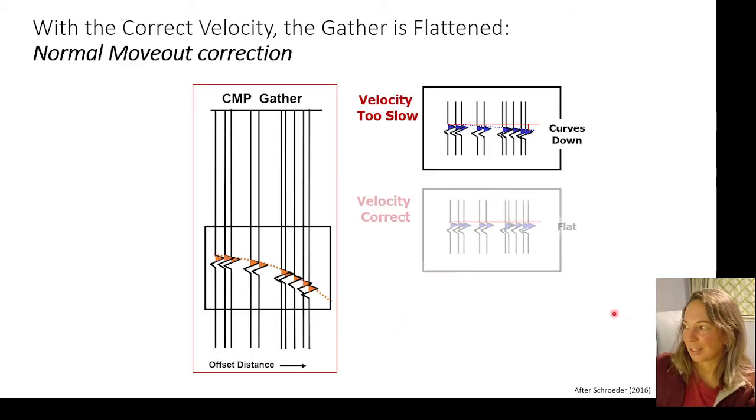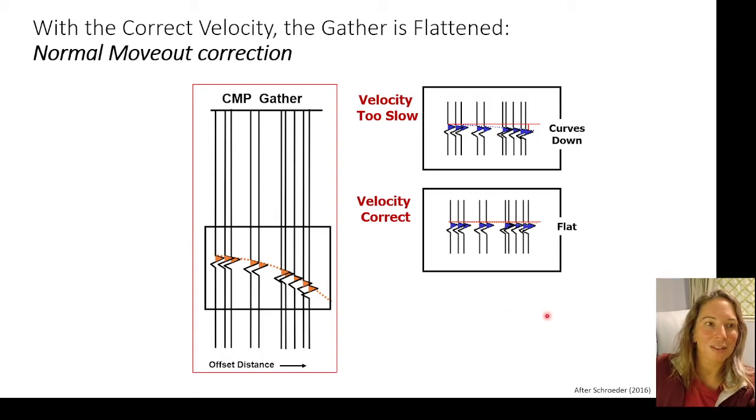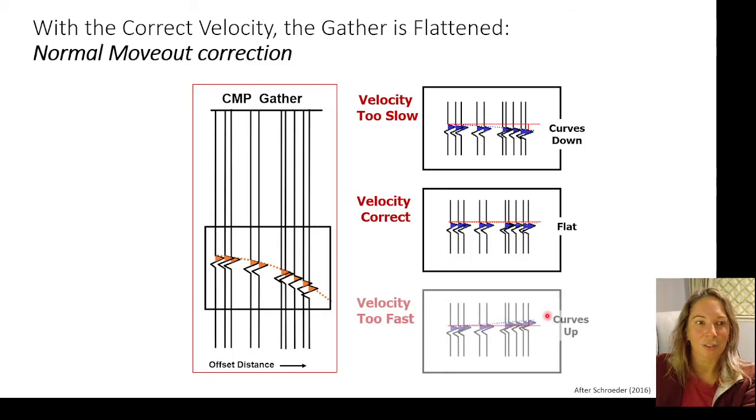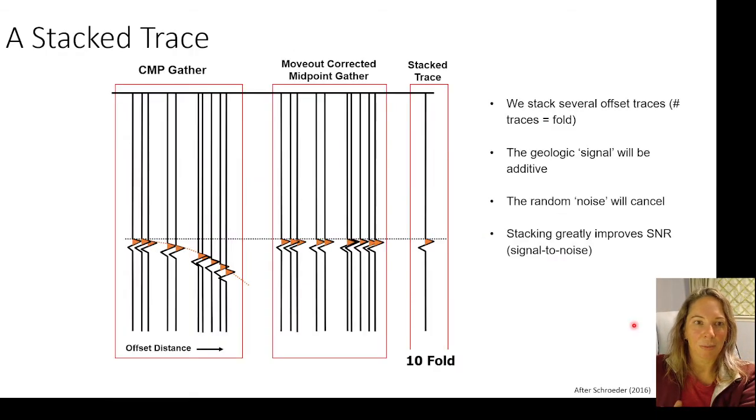In this top case, the velocity is a little bit too slow because the hyperbola is going downwards. If it's correct, it's flat. And if the velocity is too fast, it curves up. So we first need to get that good velocity model.